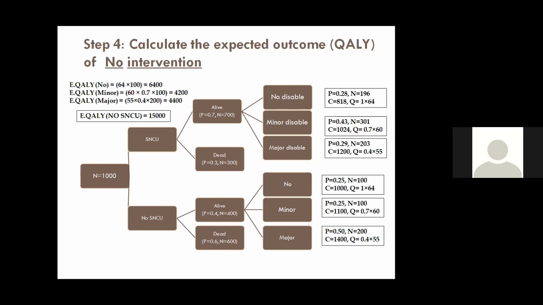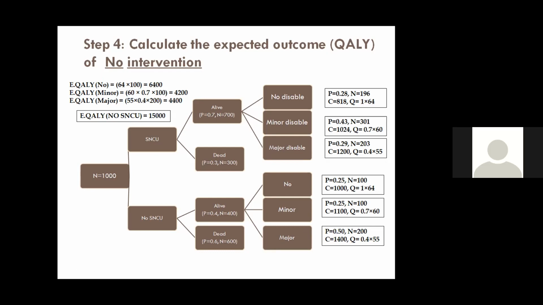Now you calculate the QALY. The question was, how do you use life expectancy? Remember that this is no intervention, so go to the bottom. If you remember, the QALY of no disability is equal to 1, that was given.